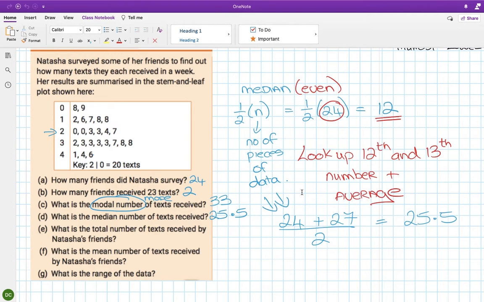It's 8 plus 9 plus 12 plus 16 plus 17 plus 18 plus 18 plus 20 plus 20 plus 23 plus 23 plus 24 plus 27 plus 32 plus 33, 33, 33, 33 plus 37 plus 38 plus 38 plus 41 plus 44 plus 46.